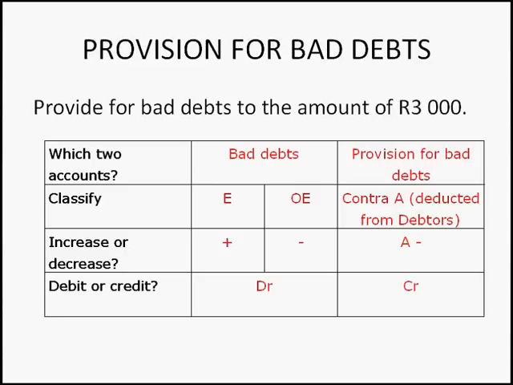And if you have to do the opposite, so if you have to reduce the provision, you might have decided last year to make a provision of 3,000, but in the end you only wrote off 1,000, so you don't want to make too big a provision, and therefore you want to reduce the provision for this year. Then the opposite will happen. So you will debit your provision for bad debts to make it smaller, and you will credit your bad debts to take it out. Okay.